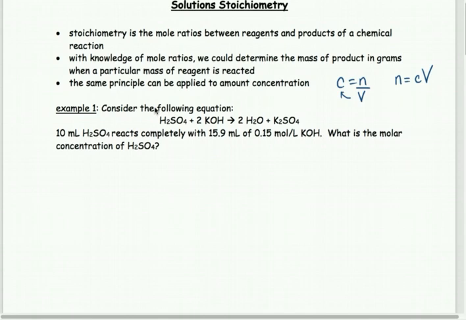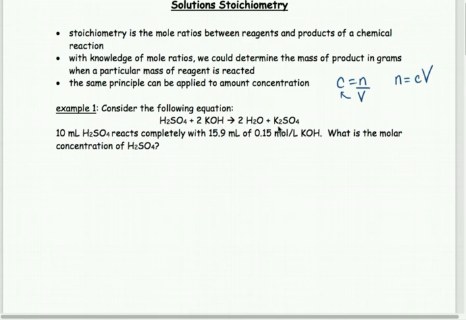So we have a balanced chemical equation here. These are all solutions, so these would have aqueous as their state symbols, except water would be liquid. And then this would be aqueous as well. So what we're looking at here is we have 10 milliliters of hydrogen sulfate, and it reacts completely with 15.9 milliliters of potassium hydroxide.